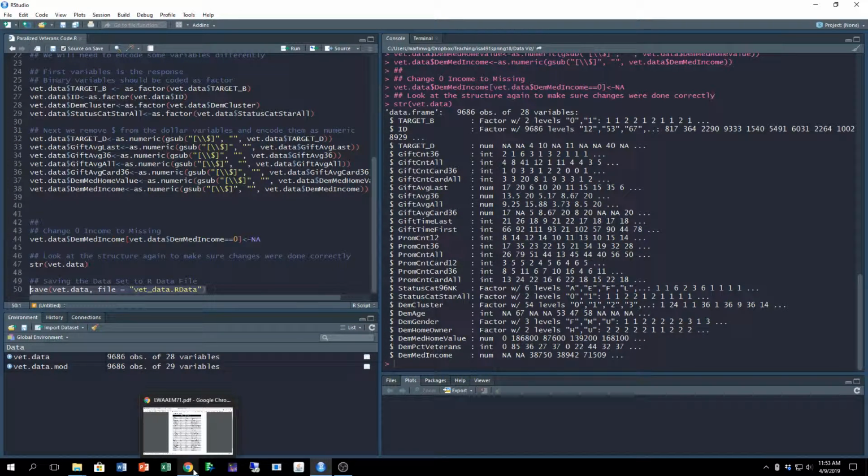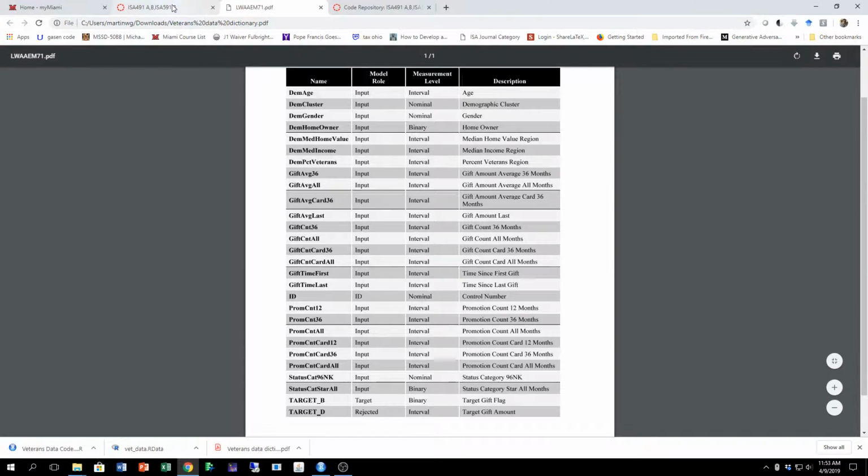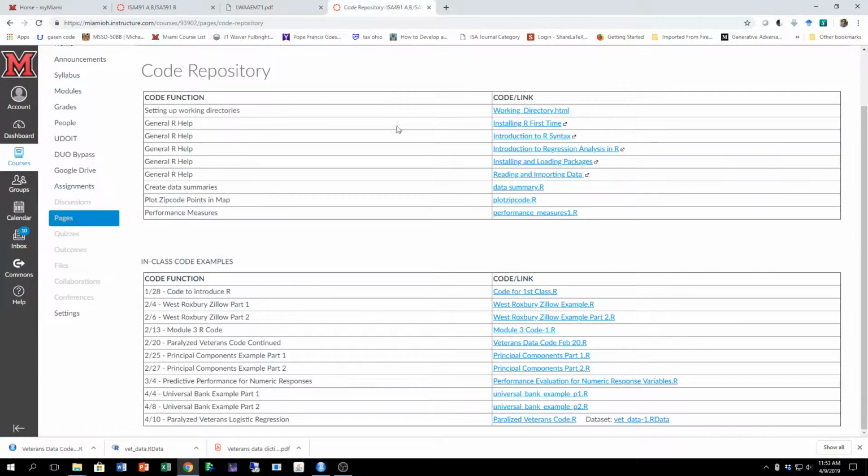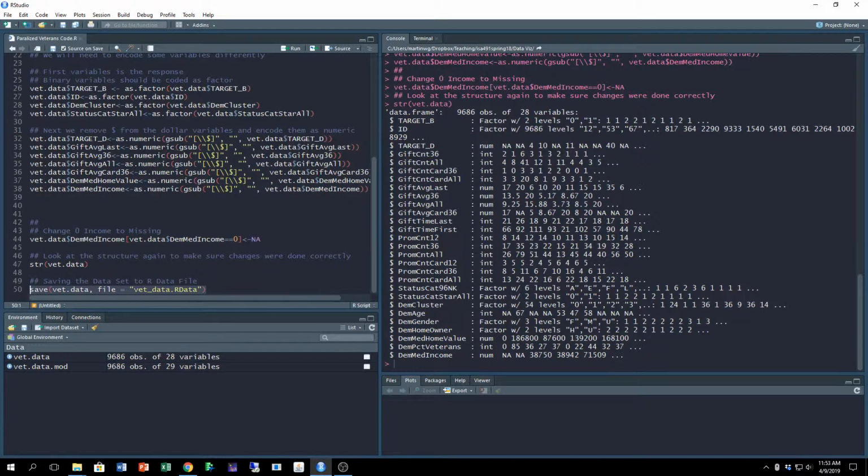So that you can get back up to speed, this data is located under the Paralyzed Veterans code, where we have the data set vet data dash one dot rdata. So you can actually download this data and start right where we left off without having to rerun all of this code.